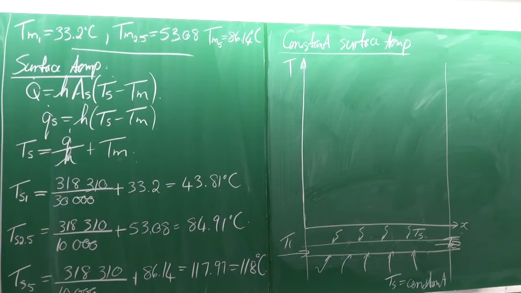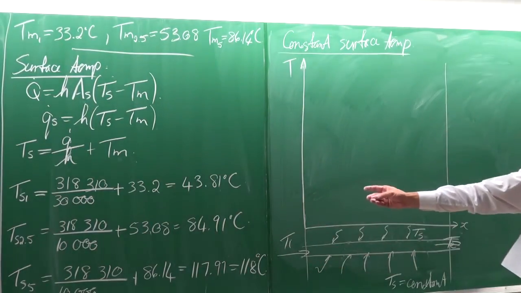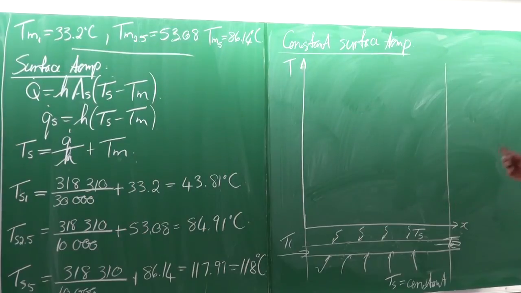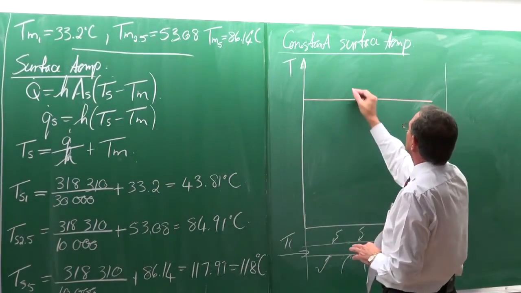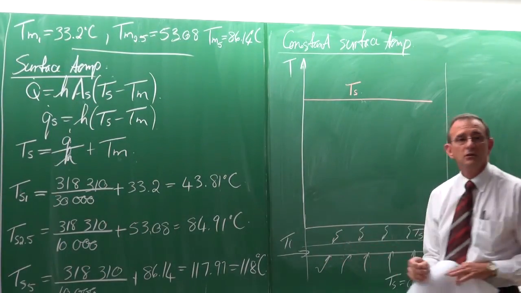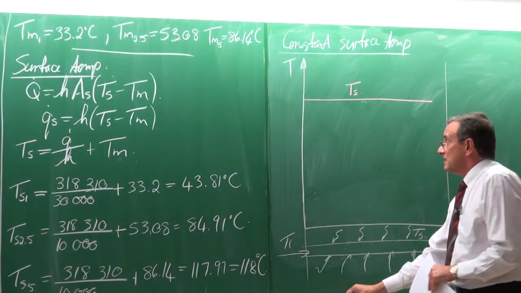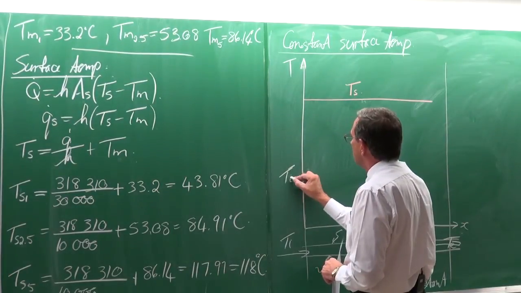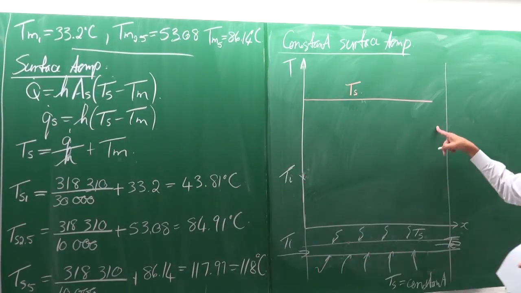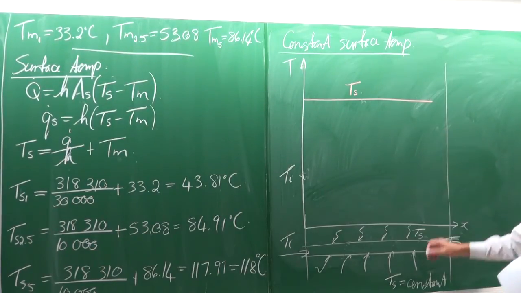Okay. So, one thing that is easy with this case is the surface temperature. Previously we had to determine the surface temperature, but in this case the surface temperature is a constant. There you go. So there's already the solution for the surface temperature. This is the inlet temperature, but we do not know yet the outlet temperature for this case.